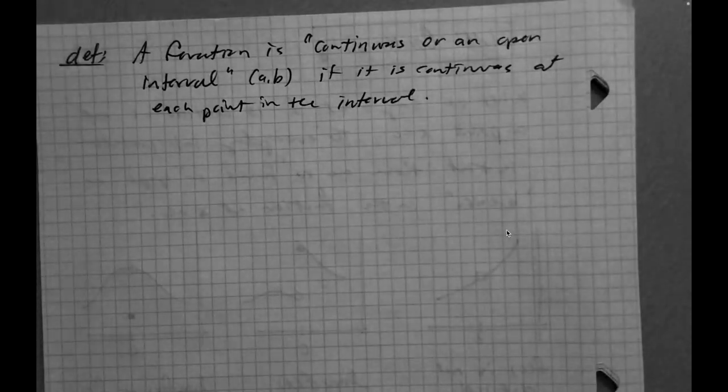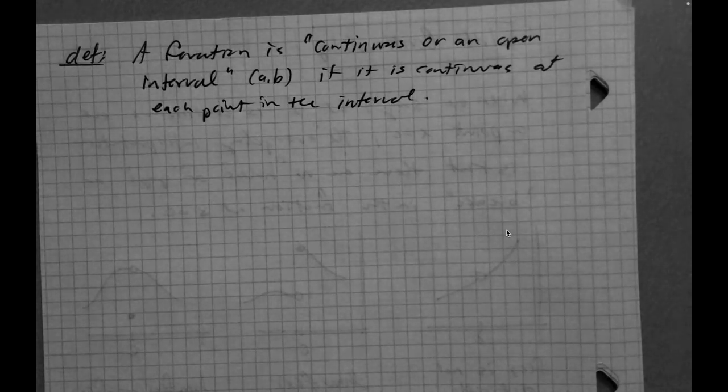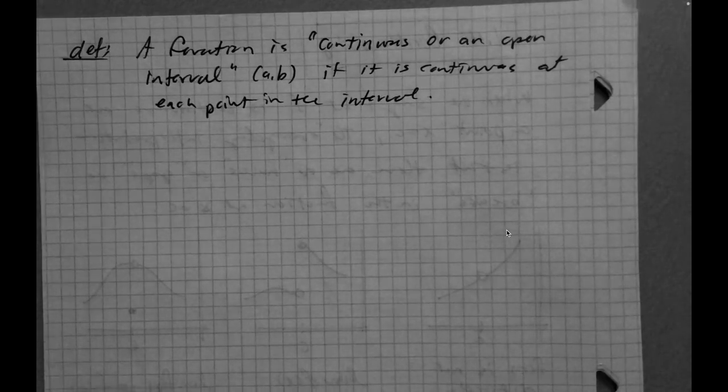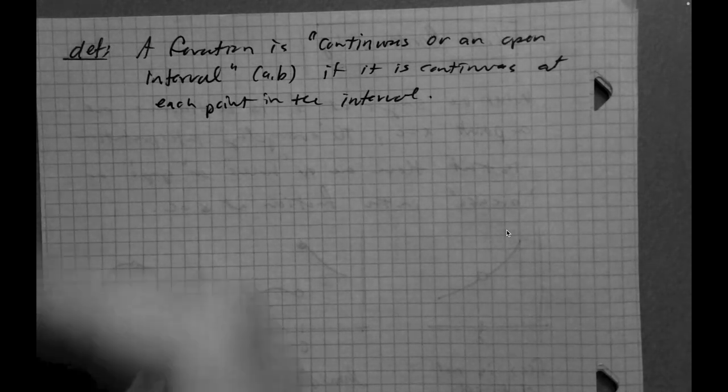So a function that is continuous at every point in (a, b), any point in between a and b, would have the three conditions of the prior definition met. If that's the case, then we can say that the function is continuous on the whole interval. Kind of natural, right?